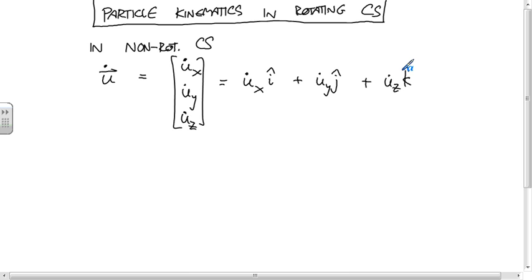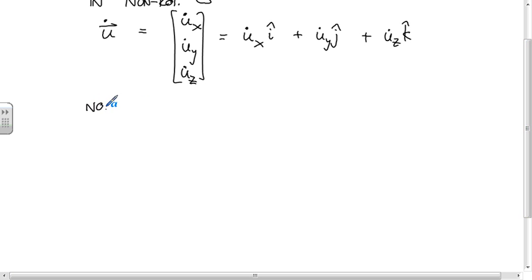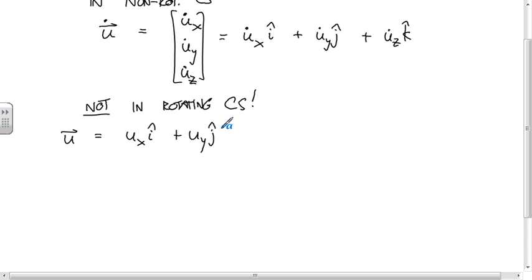Okay, this isn't true anymore in a rotating coordinate system. So why is that? Let me say it like this. u is equal to ux times i plus uy times j plus uz times k.